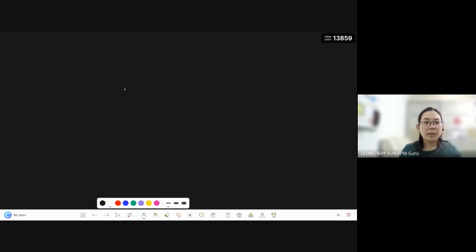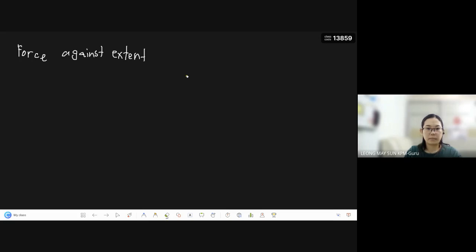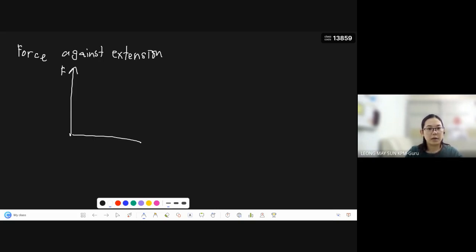Analysis of a graph: we're going to talk about the graph of force against extension. So we have the force axis, and then we have the extension axis. If it obeys Hooke's law, it's going to be a straight line graph.